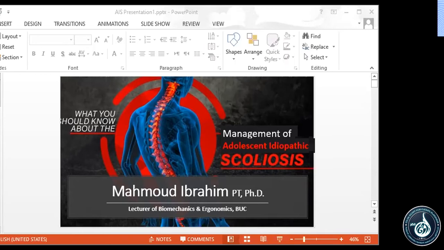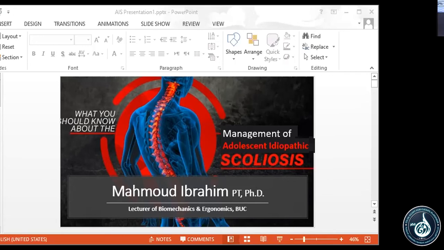Adults with painful scoliosis, and adults or patients refusing surgery. So this is just for the exercises, but we can use it with a brace if the Cobb angle is from 25 to 40 or 45 degrees with Risser sign from 0 to 3. And after spinal surgery or spinal fusion, we can use it, but this is another modified program of exercises.